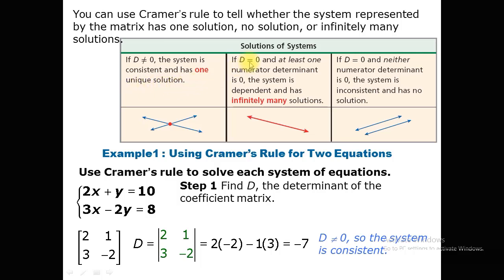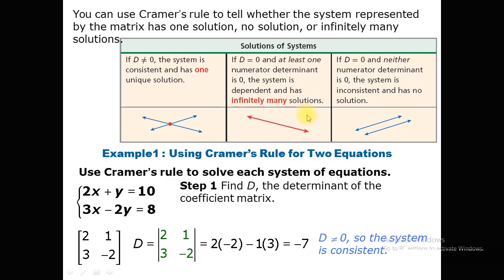If D is equal to 0, meaning the determinant of the coefficient matrix is 0, and at least one numerator determinant, meaning Dx or Dy or Dz for a system of three equations, is 0, then the system is dependent and has infinitely many solutions.